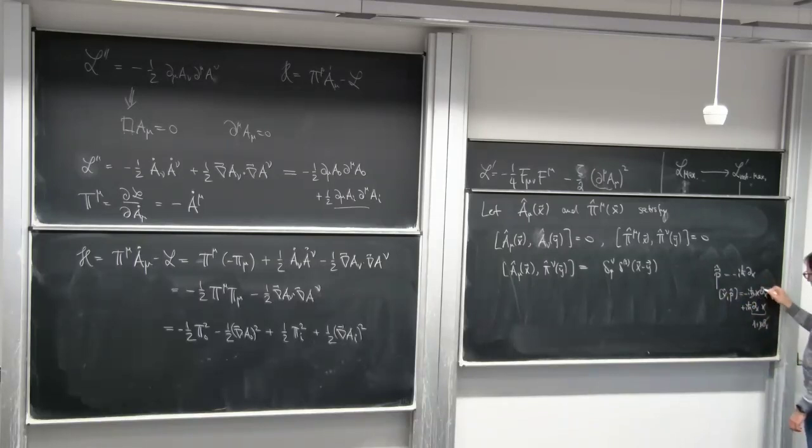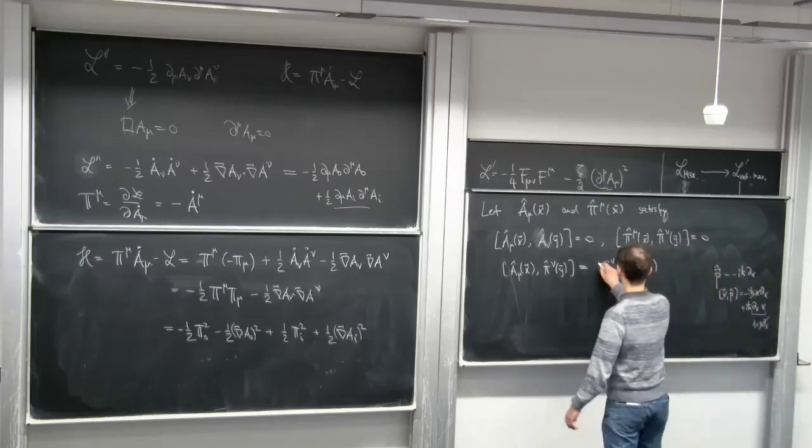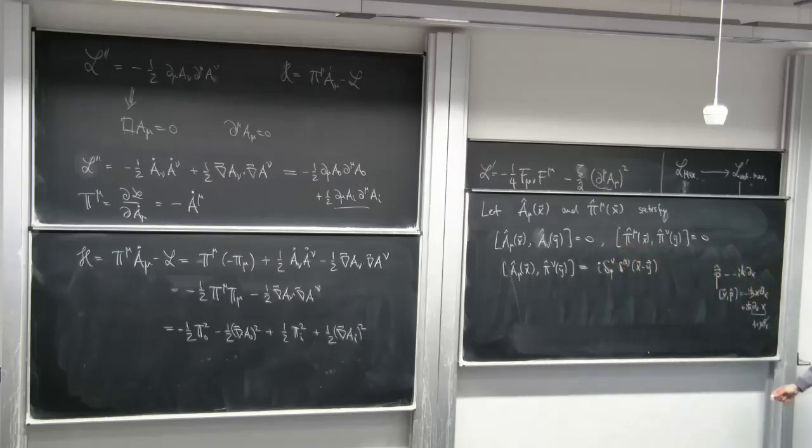And then this and this cancel, and so I have i h bar times 1. So coordinate with momentum is i times 1, where h bar is 1. Exactly. So this is how you figure out whether it's i or minus i.